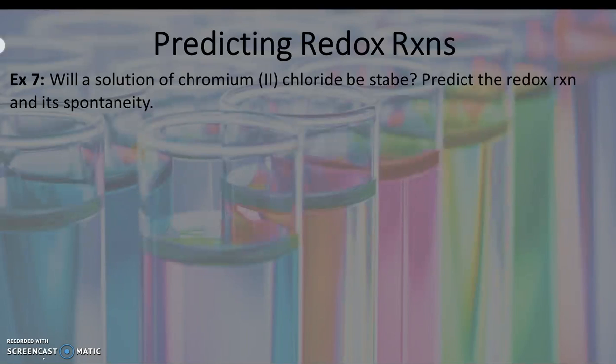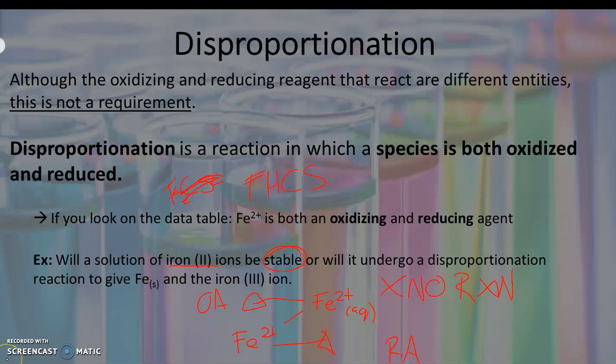So we're going to look at balancing redox reactions today. This should be a review from yesterday. Do we need to go through another question that was on the quiz yet? Would it be stable though, because it wouldn't react? Yeah, no reaction, so it's stable.